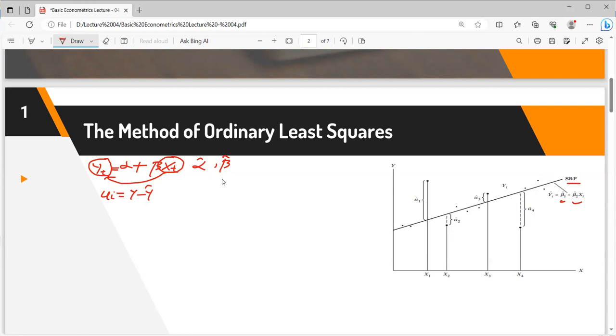In this ordinary least square method, we have to minimize the error, and we can derive alpha hat and beta hat by optimal solution or by applying the first order condition. So we can write this by the minimizing rule: summation mu i square is equal to summation of (y minus y hat) square.